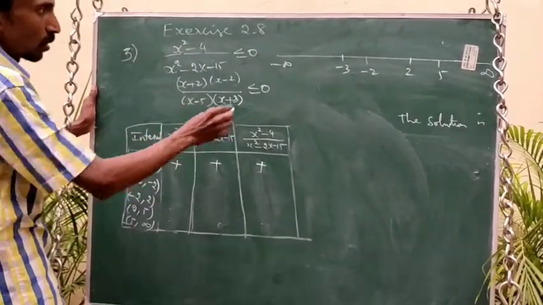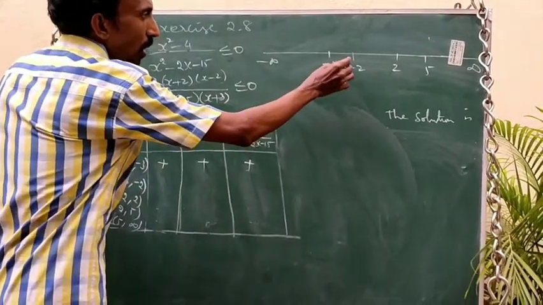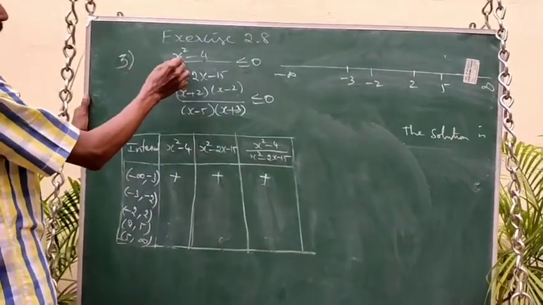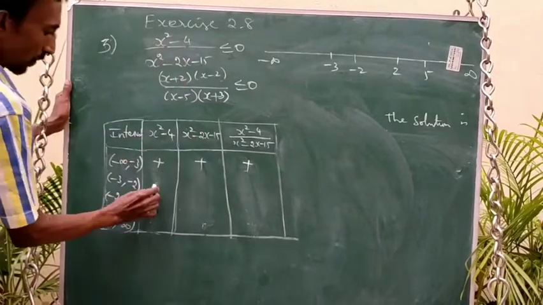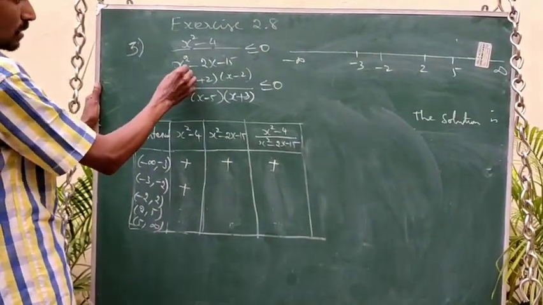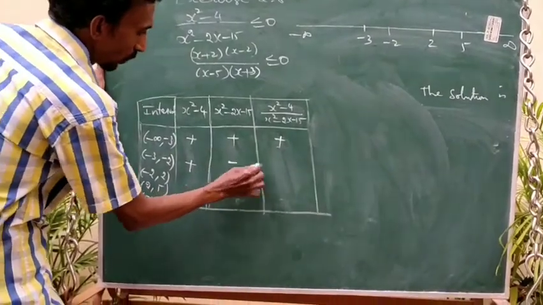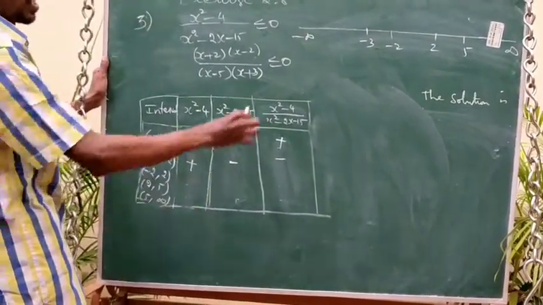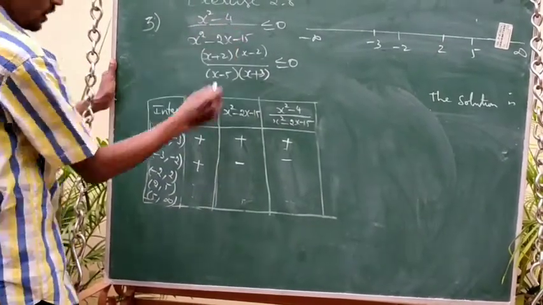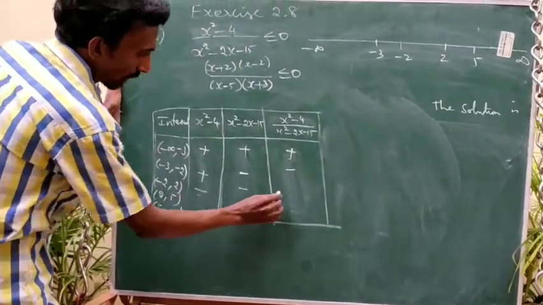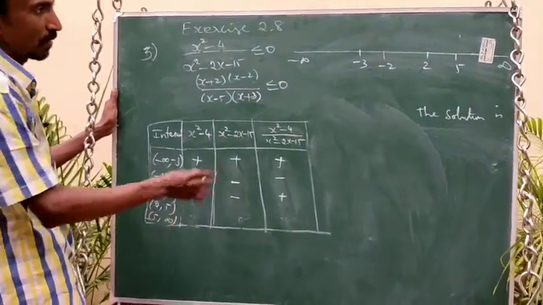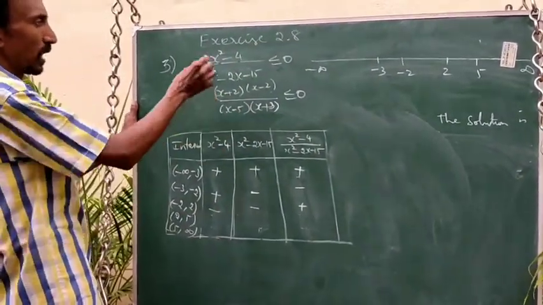Once again you can find out as in the previous question. For example, put minus 2.5. So we are getting plus. Here negative. So positive by negative, negative. And minus 2 to 2: for example, if you put 0, negative, negative into negative, positive. In the third interval 2 to 5, for example, put 3.